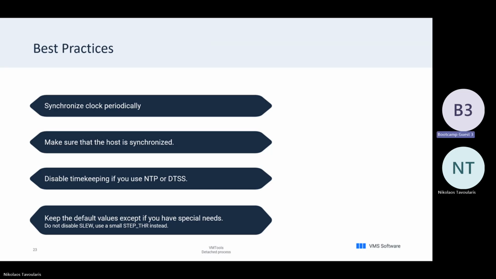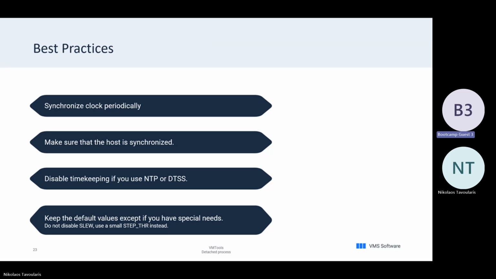Also, something I forgot to write here is that there is a bug in the Linux kernel in versions previous to 6.7, so you will have more accurate time from version 6.7 and later.